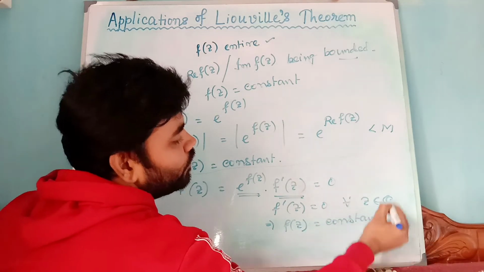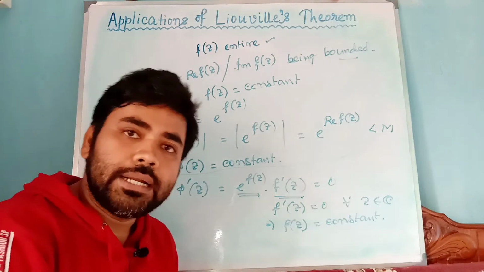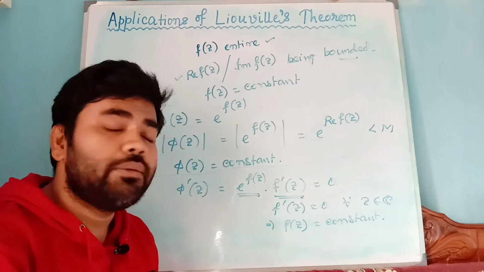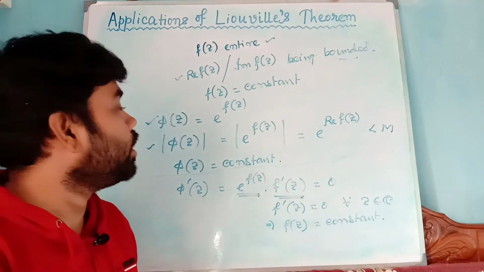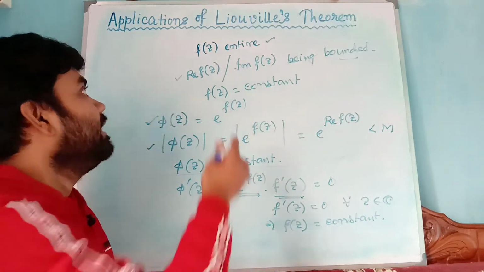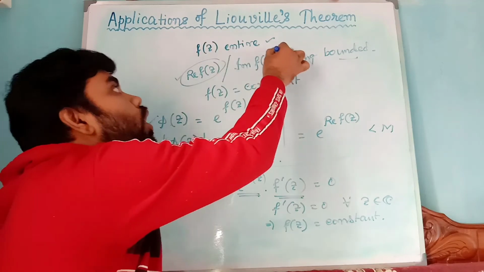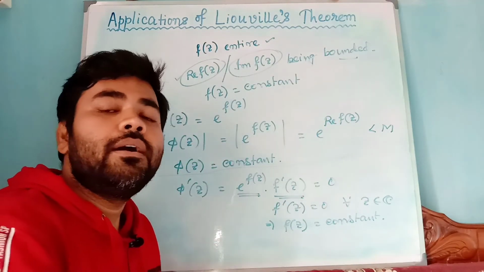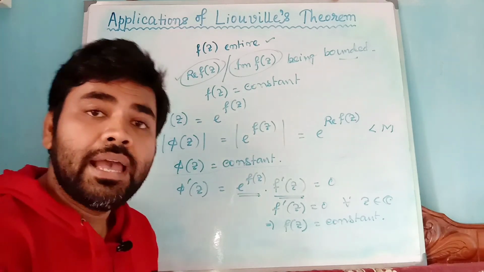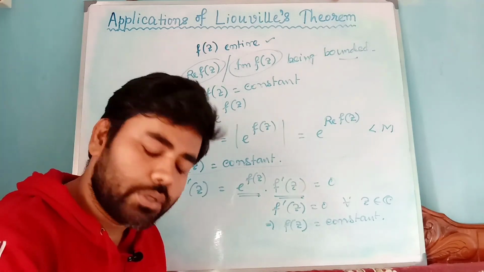So we can conclude that the boundedness condition of Liouville's theorem is not a necessary criterion. We can replace the boundedness condition of f(z) by only the real f(z) or the imaginary f(z) being bounded or lying in a half plane. This is another application of Liouville's theorem.